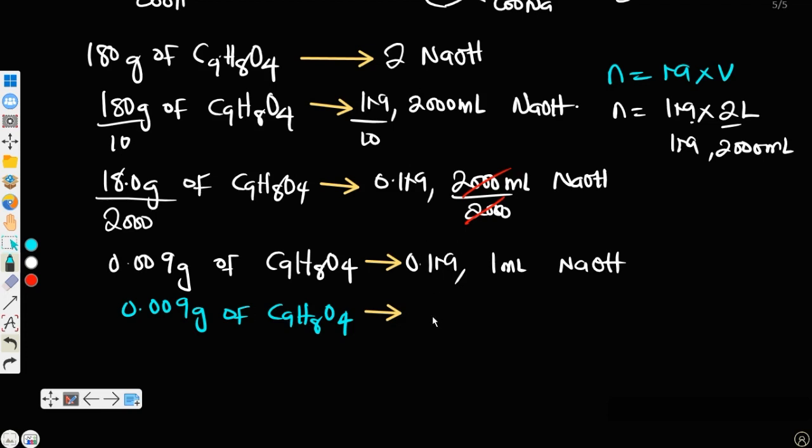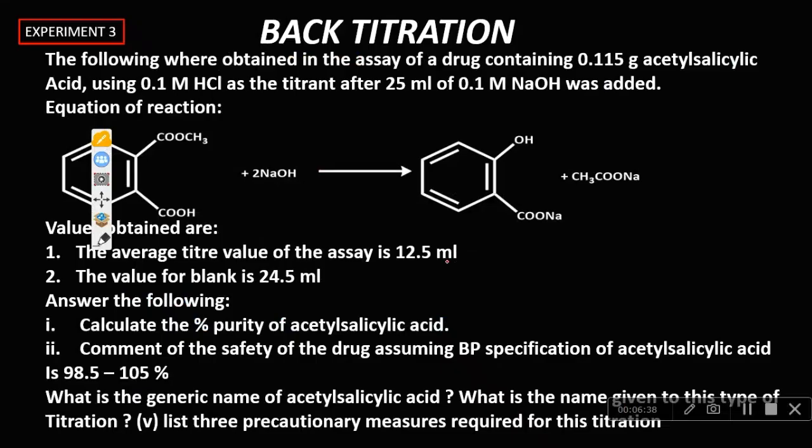We already know that this is what we use, so we just say present in 1 ml of sodium hydroxide. So the next thing is to calculate the amount due to the presence of aspirin. Now your titer values were already given in your practical.